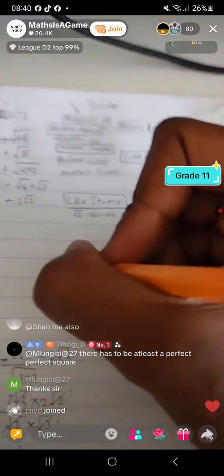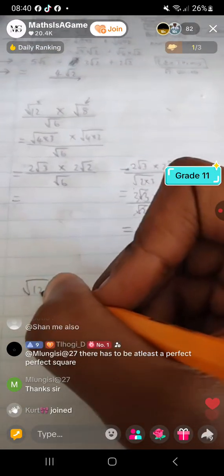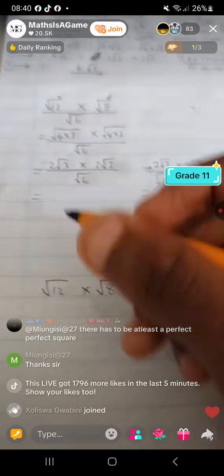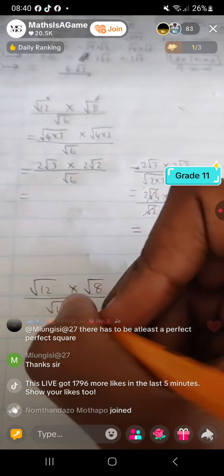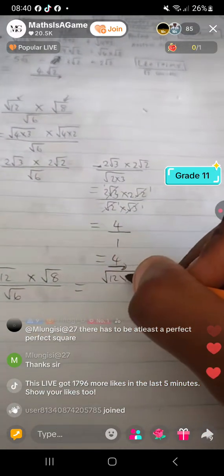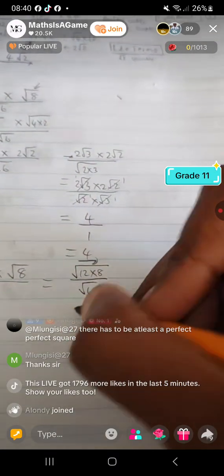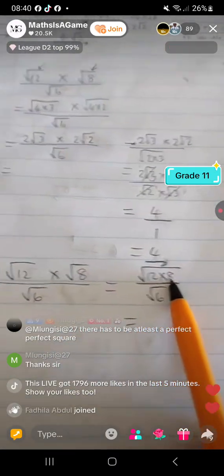Someone else who's doing this question could have decided that the square root of 12 times the square root of 8 over the square root of 6, could be written as the square root of 12 times 8 over the square root of 6. This is someone else doing the same question.